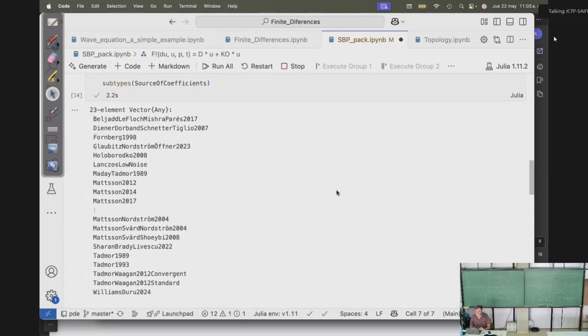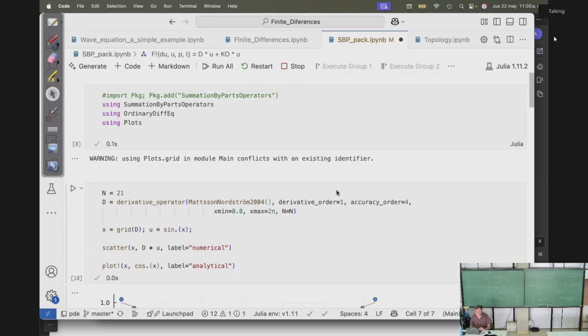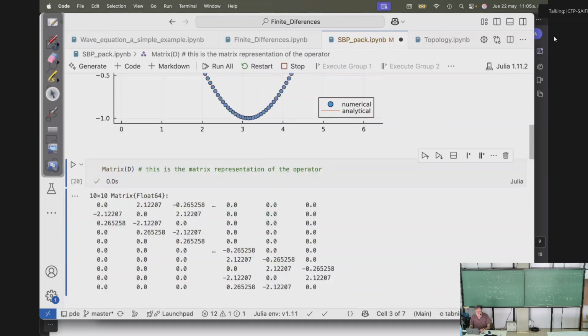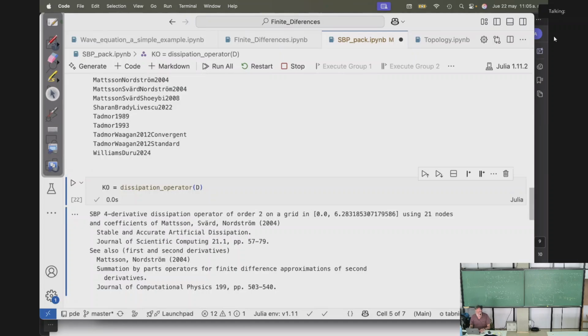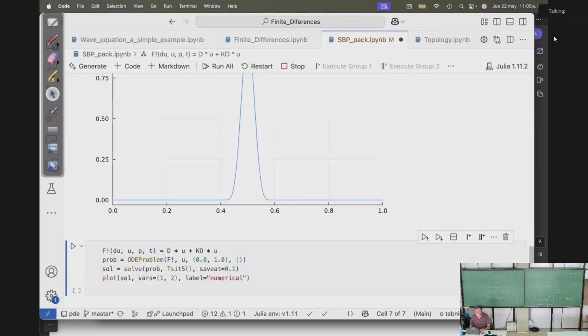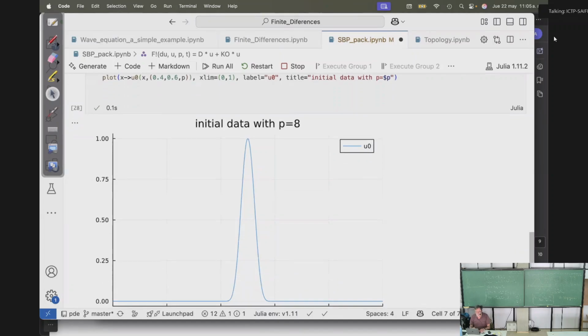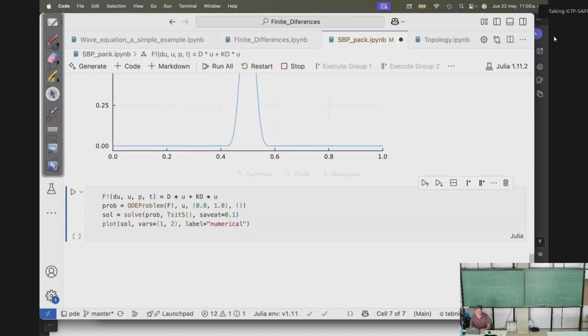Which x are we taking now? Let's take 100 points. We have this bump function here. We produce this, we put u0 here.